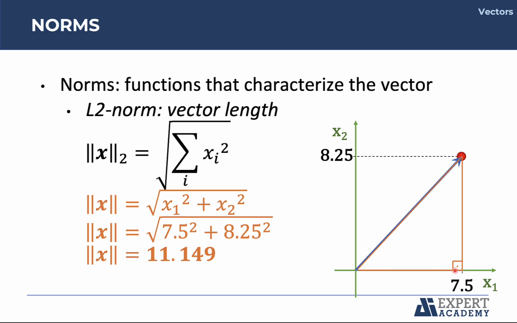It is from this relationship that the function determines the length of the vector. This distance is called Euclidean distance. In case you have already studied machine learning algorithms, you know that this distance is widely used in the k-nearest neighbor algorithm, and it is also used to calculate similarity between vectors.